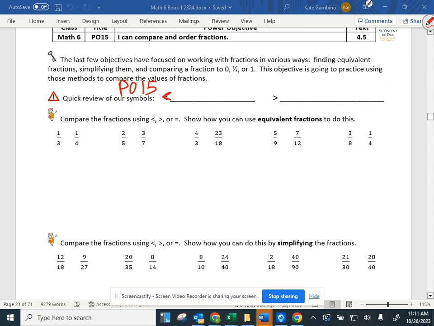So write the less than symbol and write less than. Write the greater than symbol and write greater than. So you remember what symbol you need to use. We always read from left to right. So you always look at that number on the left. Is it less than or greater than the number on the right?